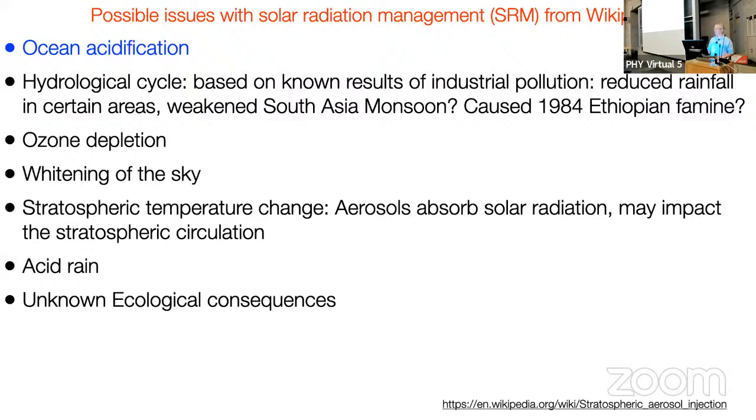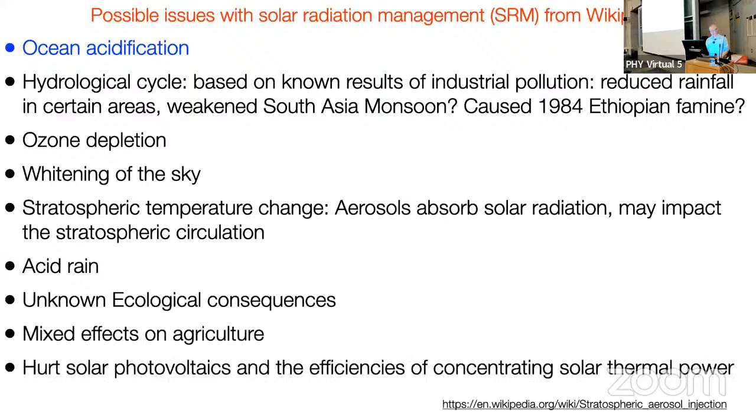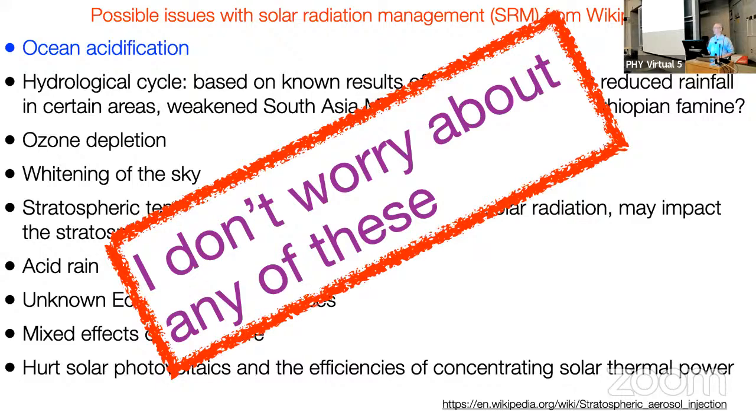Acid rain, I think that's a small issue, because the amount of sulfate aerosols that you need to put into the stratosphere is actually not that large. Unknown ecological consequences. Hurts solar photovoltaic. Okay, well, 1%, no big deal, right? Okay, so I'm actually not worrying about any of those.